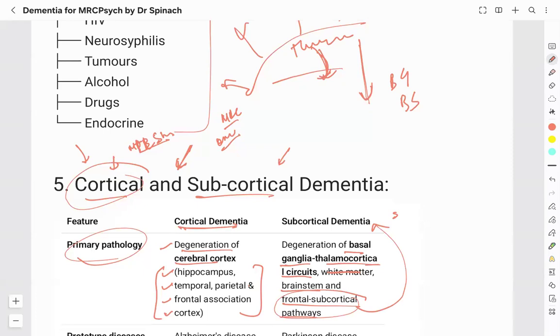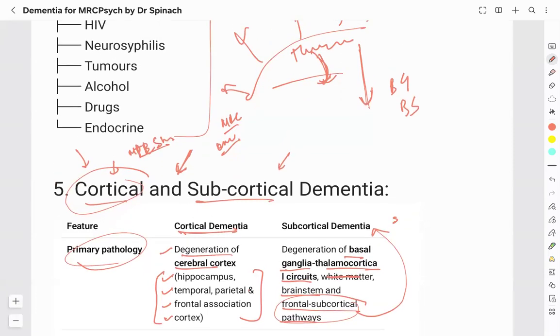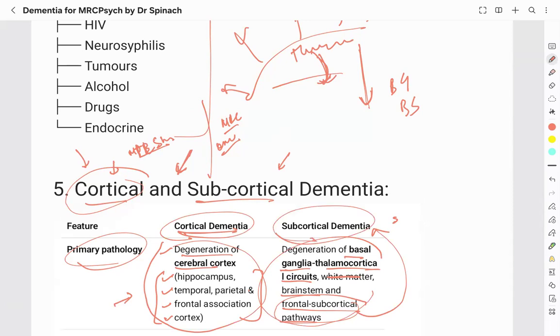So all in all, we have cortical structures, and if these are involved, it is called cortical dementia. If these are involved, it is called subcortical dementia. Could you name some of the pathologies of cortical and subcortical dementia?